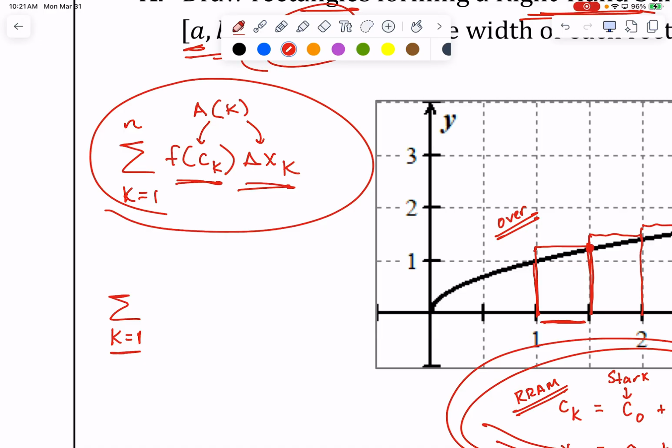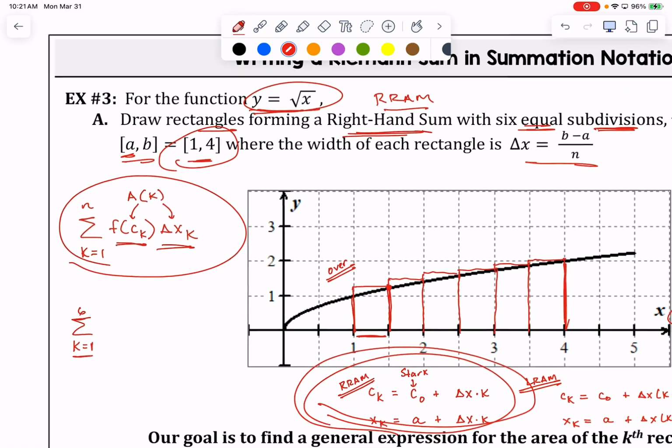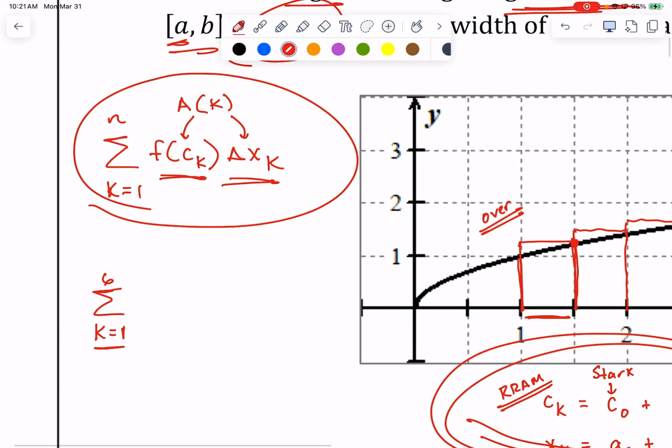Okay? So we got k equals 1 to what? To how many rectangles have we done? 6. So there it is, k equals 1 to 6. And it's going to be f of c sub k.